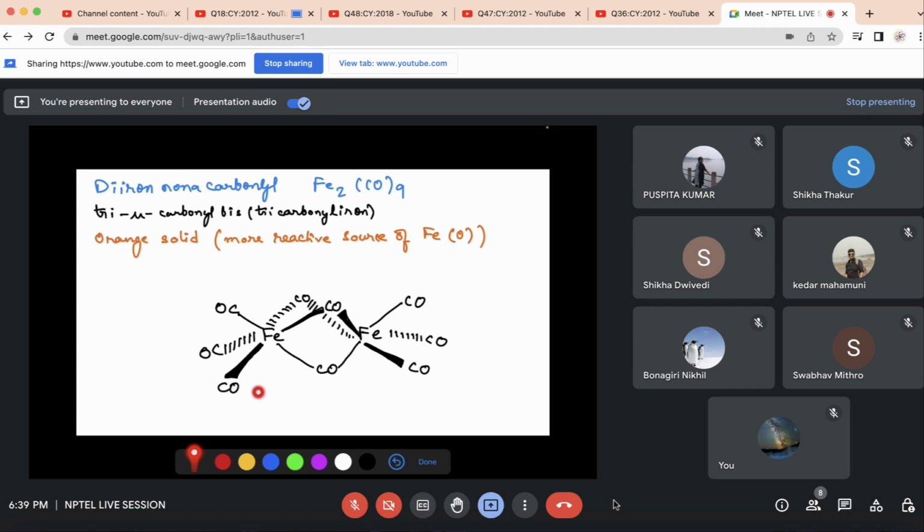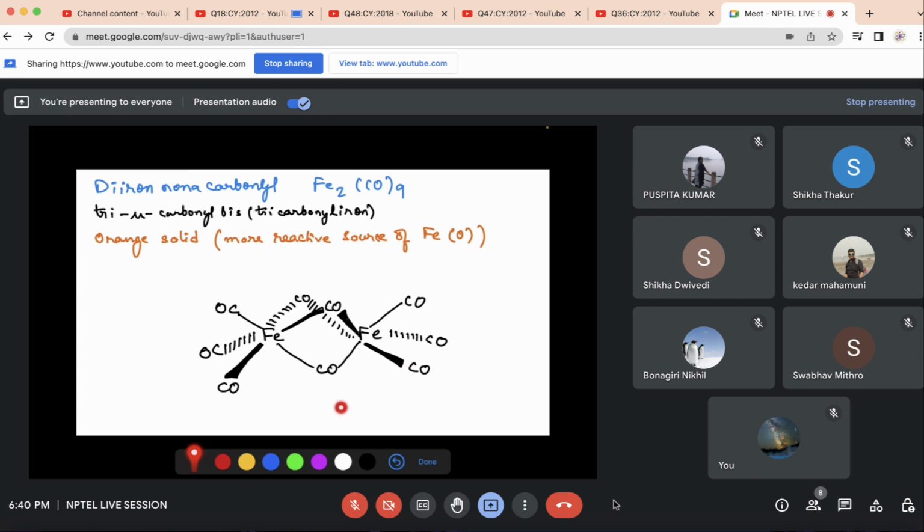Here, if you look into the structure given, these two metals, iron, you can see the three bridging carbonyls CO. In 3D, you can see that one lies on the plane and the other two are above or below the plane. The remaining six carbonyls are the terminal carbonyls, where three carbonyls are attached to each metal.